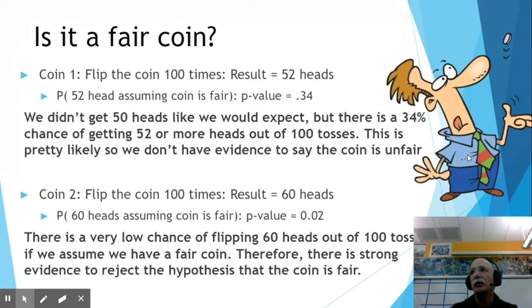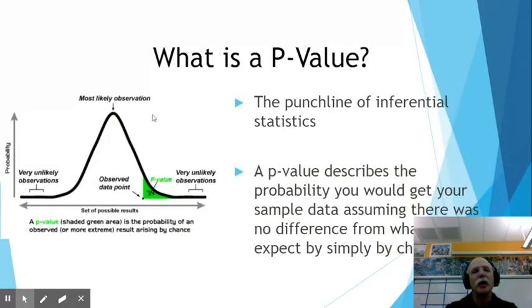So some of this wording: what do we think is happening? Well, we think it's different. So we're going to actually test against it not being different, that there's really nothing going on, right? So let's go back to that curve. The most likely observation for a coin, if it's fair, is 50%.